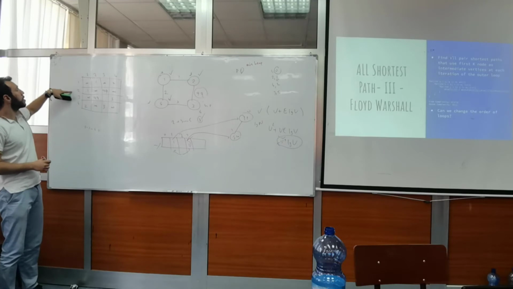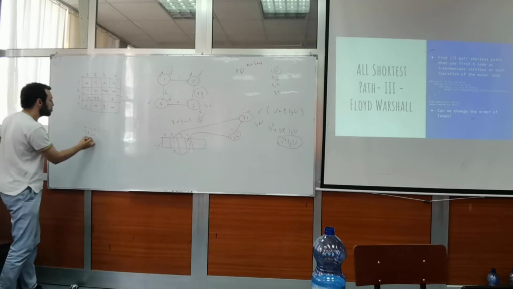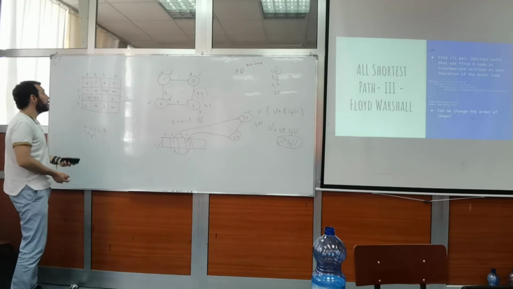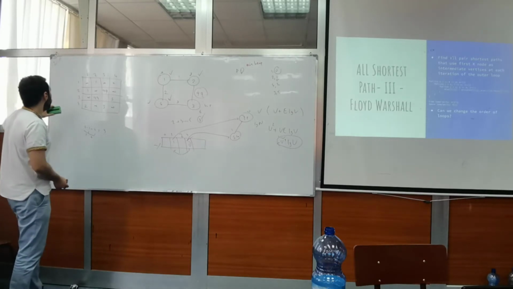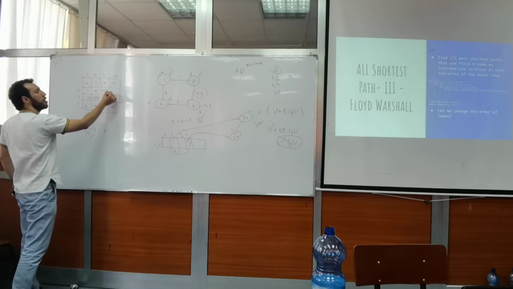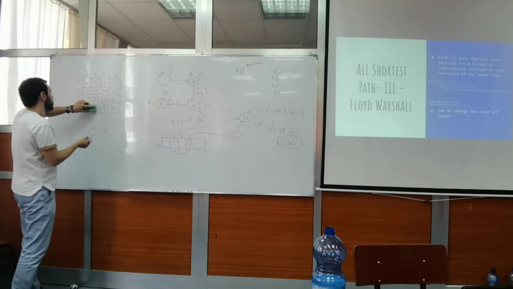What is 2 to 1? It is 1. What is 1 to 4? It is 2. Is 3 less than infinity? Then now I have a shorter path. So 2 to 4 now becomes 3, and we can update 4 to 2 at the same time too.